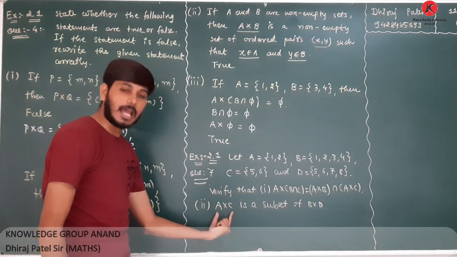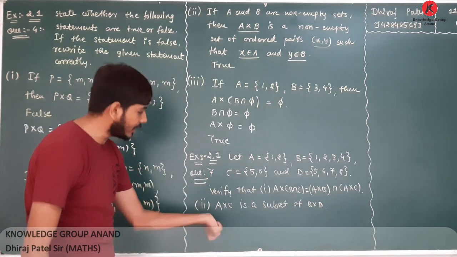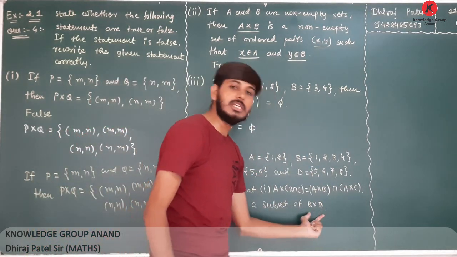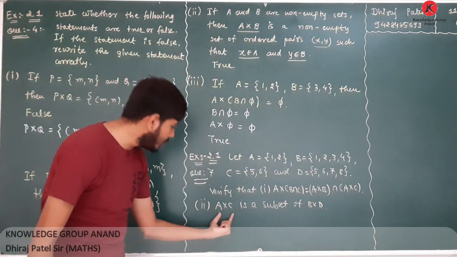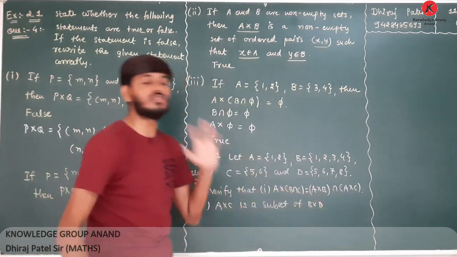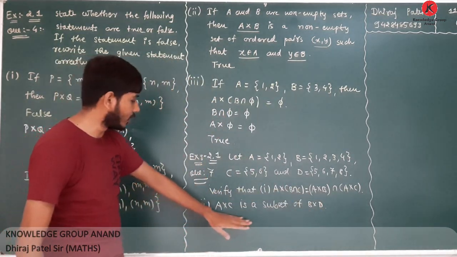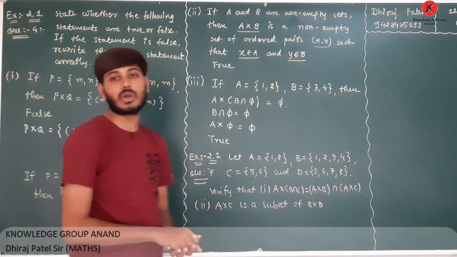All the elements of A cross C are in B cross D. All the ordered pairs in this should be in that. So it is called A cross C is a subset of B cross D.